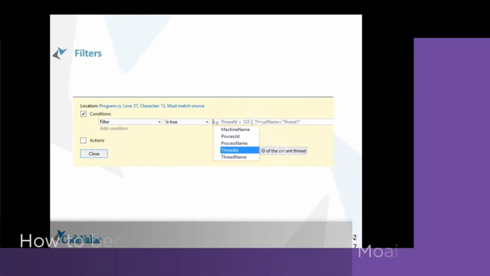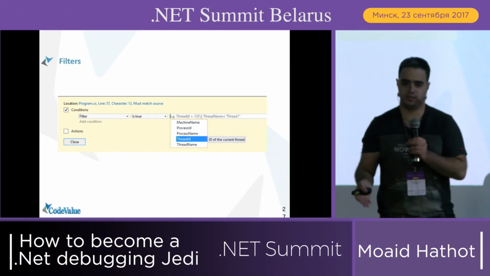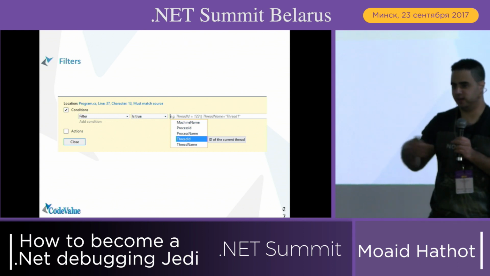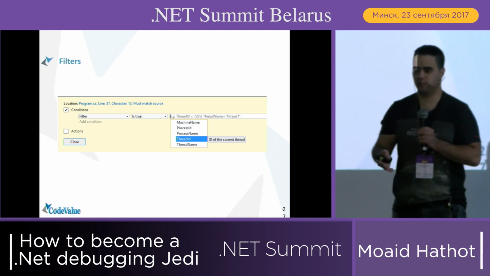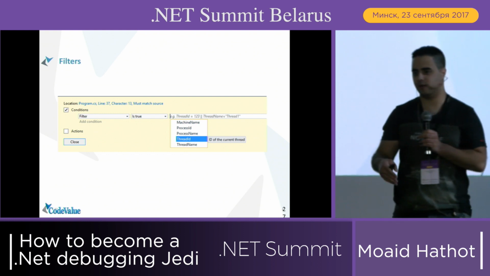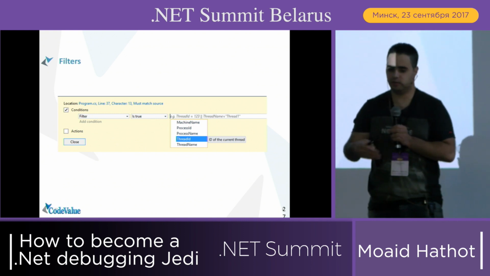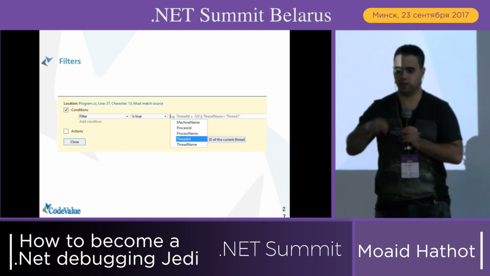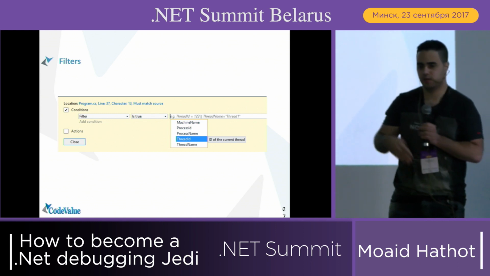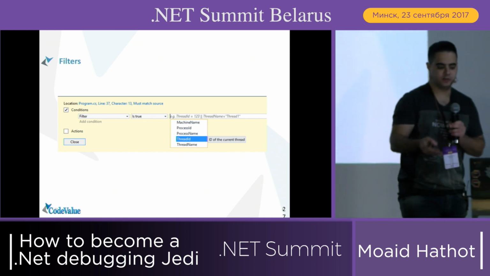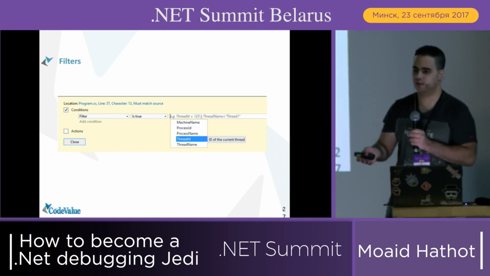This is useful, for example, if we have a method that is being executed by different threads, and this method has multiple breakpoints, and we need to jump from one breakpoint to another, and we need to make sure that the jump from one breakpoint to another will stay in the same thread. So this is one way, we can filter according to the thread ID or thread name, and this is one way to do it.